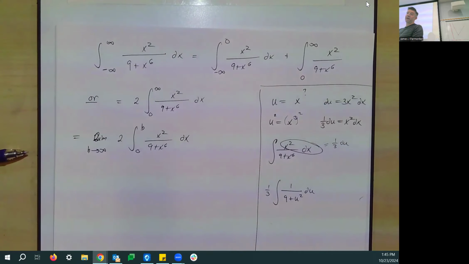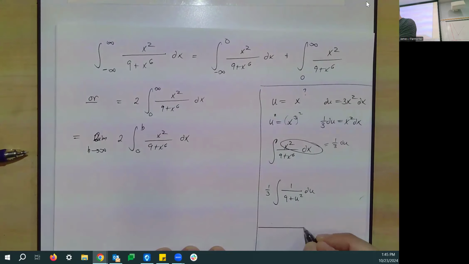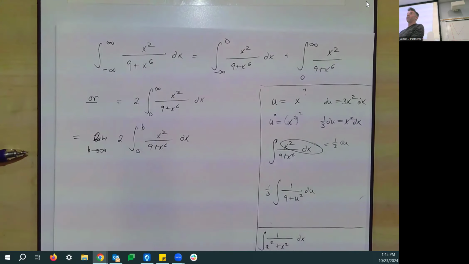So here's what I would recommend memorizing, to be perfectly frank. The integral of 1 over some number squared plus x squared, instead of just 1 plus x squared, is 1 over that number times the arctangent of x over that number, plus c.